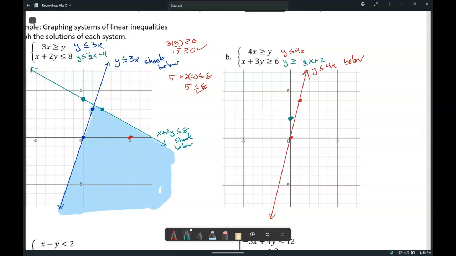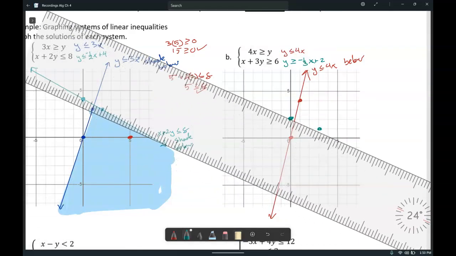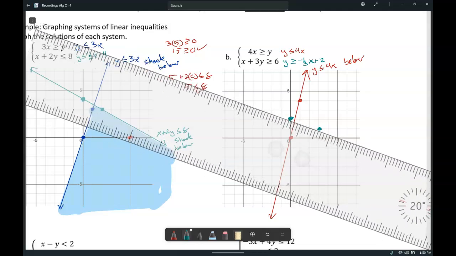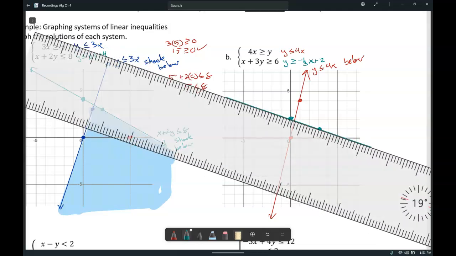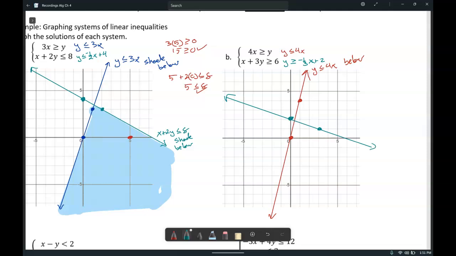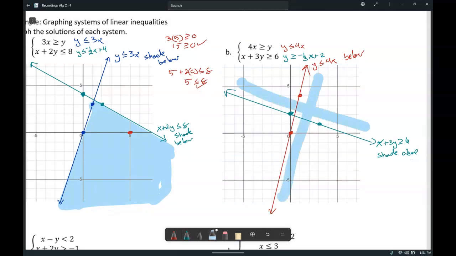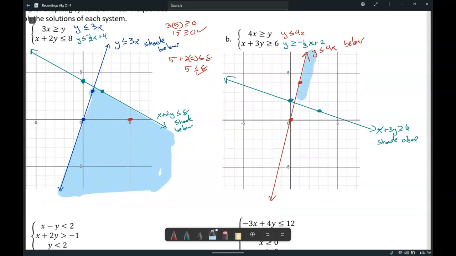And here, another solid line. x plus 3y is greater than or equal to 6. So this one we're going to shade above. So we want below the red line, but above the green line. That's going to be this upper area over here.